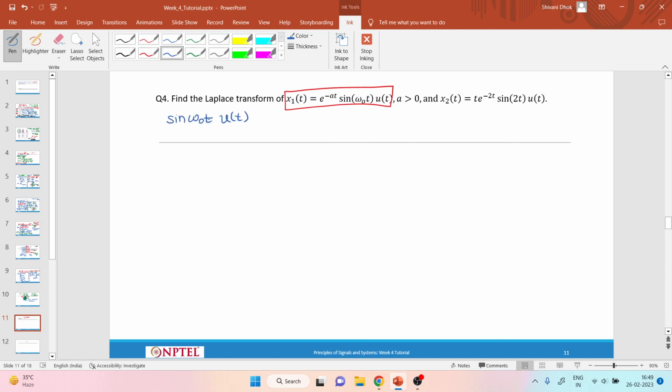This signal has a Laplace transform as omega naught upon s^2 plus omega naught^2, and its region of convergence is the real part of s greater than 0.